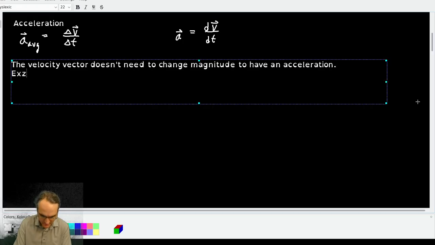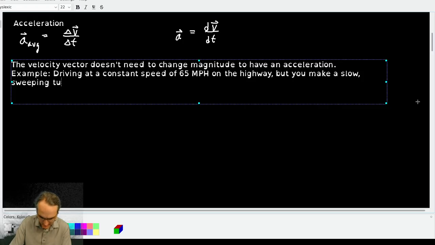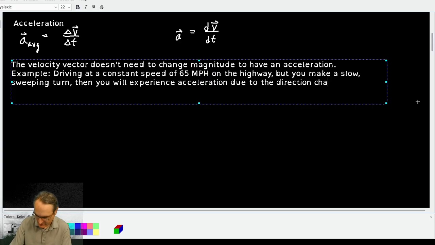As an example, if you are driving at a constant speed of 65 miles per hour on the highway, but you make a slow sweeping turn, then you will experience acceleration due to the direction change.